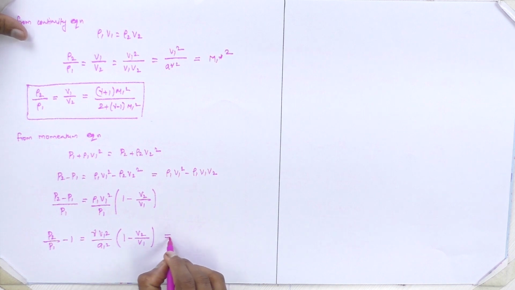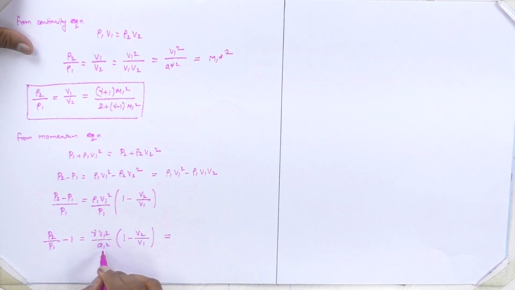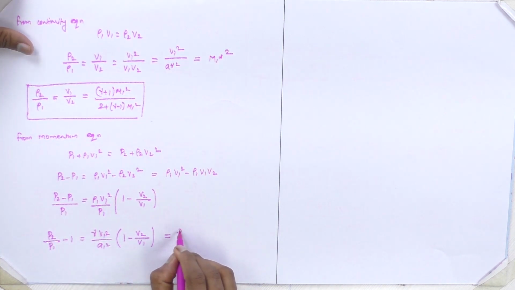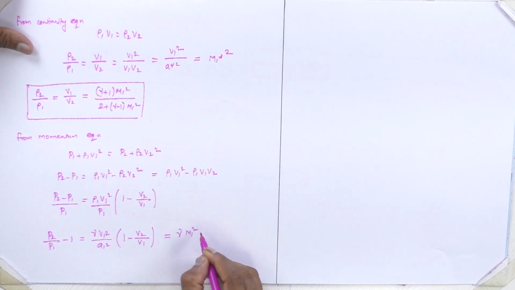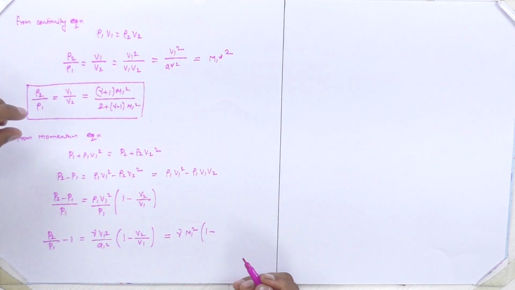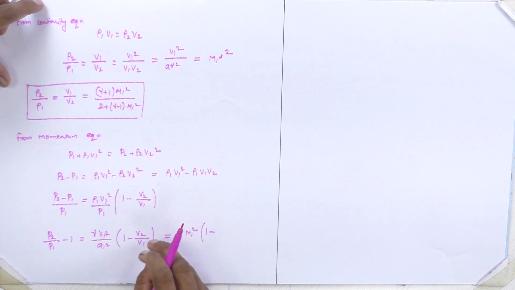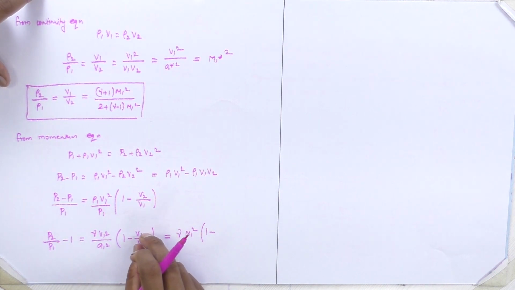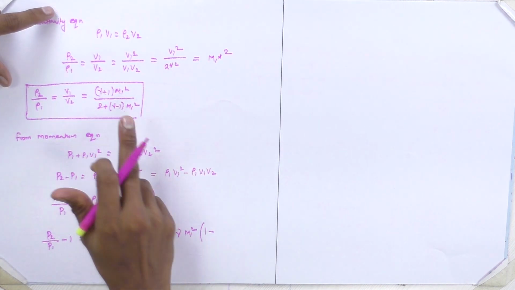So V1 square by A1 square is actually the Mach number of region 1, this is M1 square, into 1 minus, we already related this velocity ratio as a function of upstream Mach number.